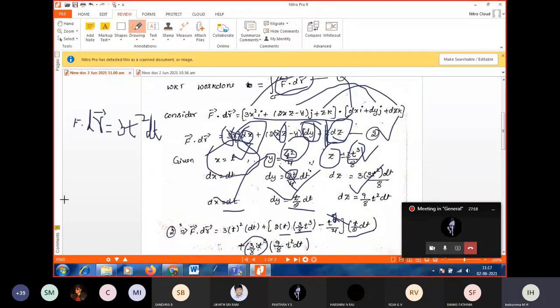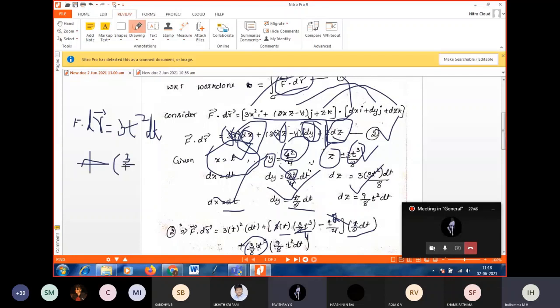Next, plus 2t, 2 into 3 by 8 is what? 3 by 4. So the 2 and 4 are cancelled. That is 3 by 4 t power 4.